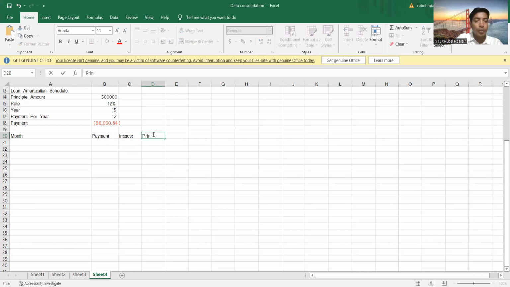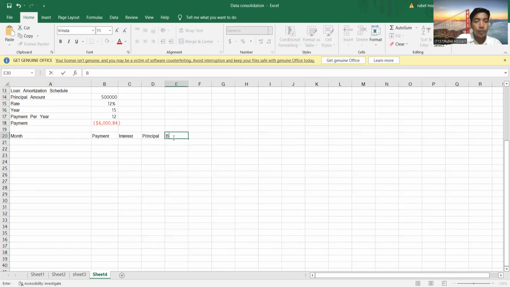With the interest, how much principal amount we have to pay. So principal amount and balance.